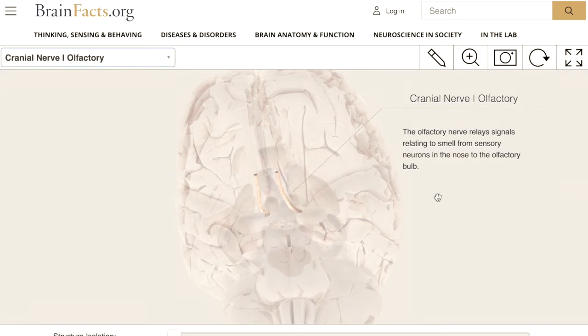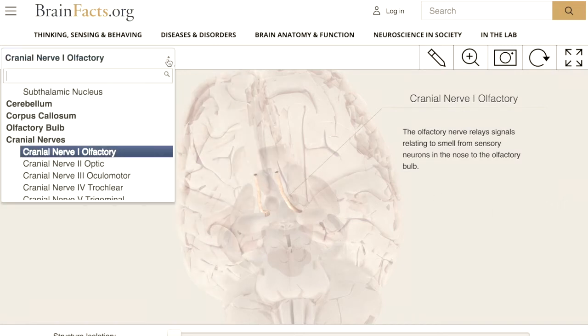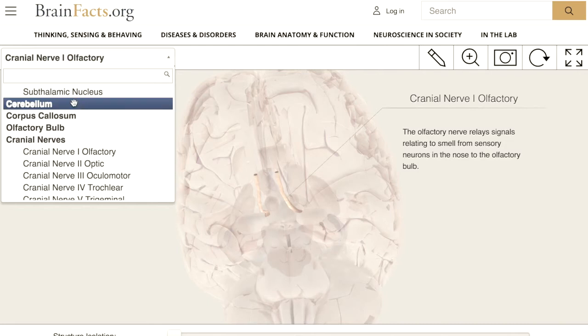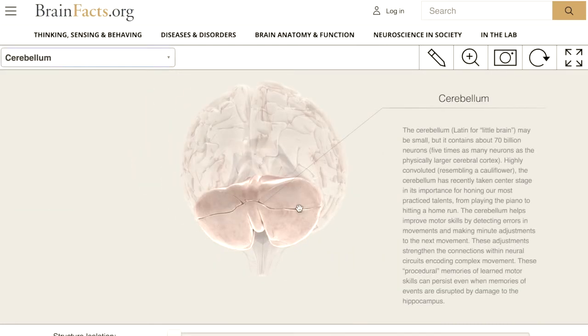Okay, so just behind the brain stem is an area called the cerebellum. The cerebellum, as most people know, is a very large structure. It's actually, other than the cerebral hemispheres, the second largest structure in the brain itself.